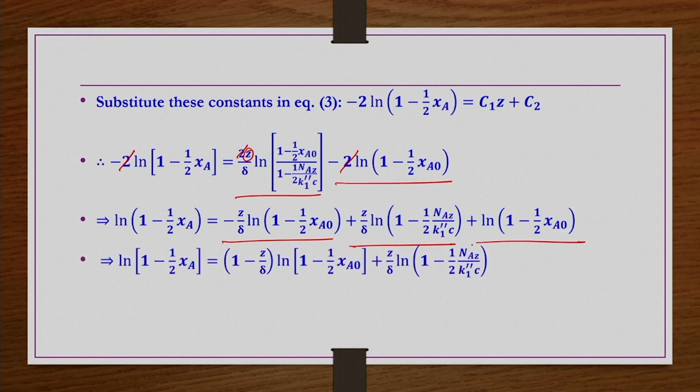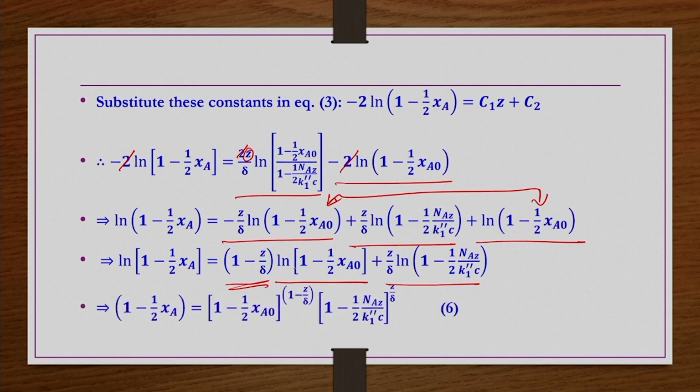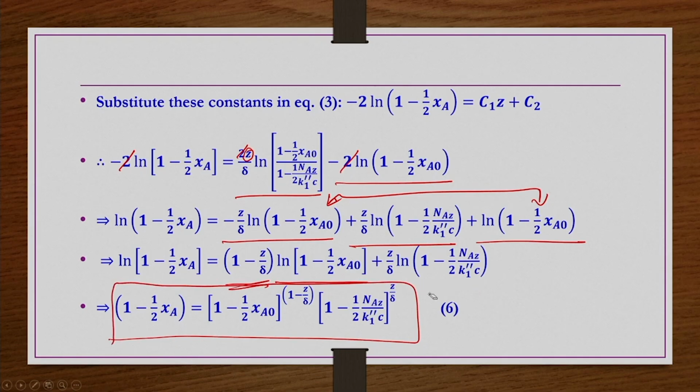Now, these two terms are similar, so ln 1 minus 1 by 2 Xa naught if you take common, you get 1 minus Z by delta as a multiplication factor, the other term remains the same. Now all the terms have ln, so these multiplication factors you can take as power terms, and then you get the concentration profile expression, this one.